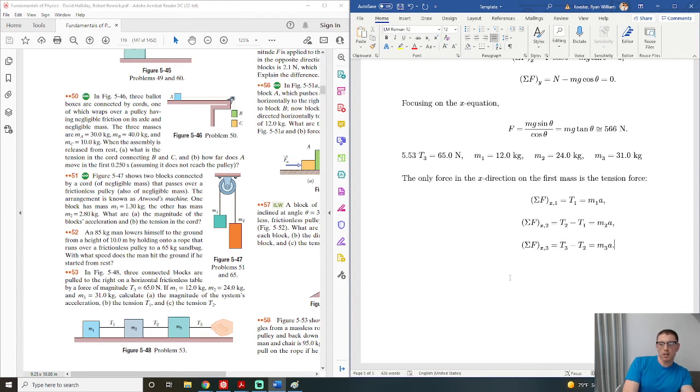So at this point, if we're all good with these equations, and I'll just keep talking, but obviously say something if anything about this is unclear. At this point, it's just a math problem, right? We have 3 equations and 3 unknowns. We have the acceleration to solve for, we have the first tension to solve for, and the second tension to solve for.